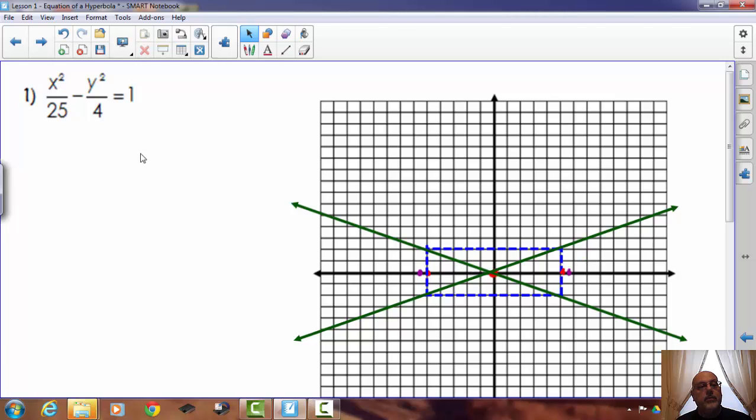If I count from the center, I go 5 spaces to the left, I get this red dot. I count 5 spaces to the right, I get the other red dot. So when we draw this, the hyperbola will start here and come out and approach the two green lines on each side, but never really touch.